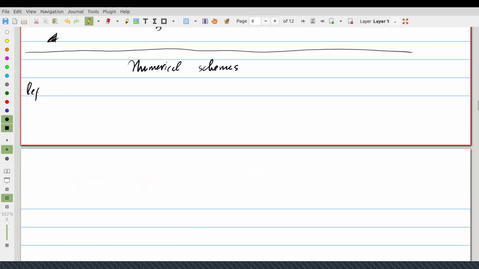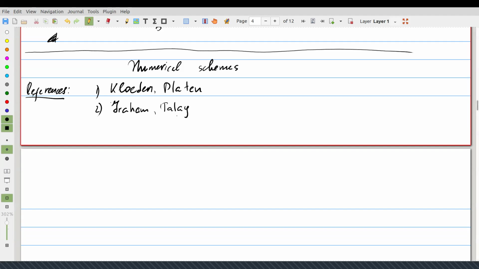Now, references for this part is standard. So Kloeden, Platen. Numerical approximation, something, something. It's a very standard book. A much shorter book, which gives a very useful introduction and actually states a lot of interesting results, is Graham, Talay. I think it's Monte Carlo. It's called Monte Carlo approximations of something.